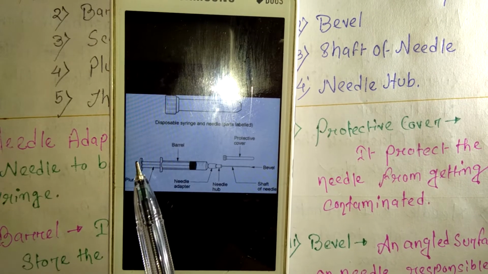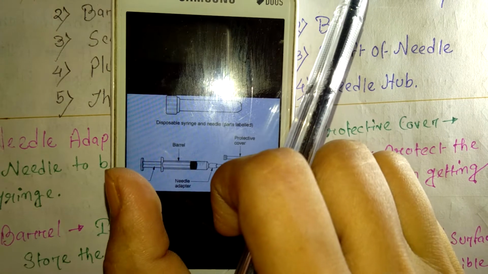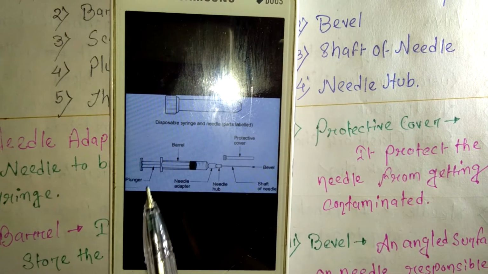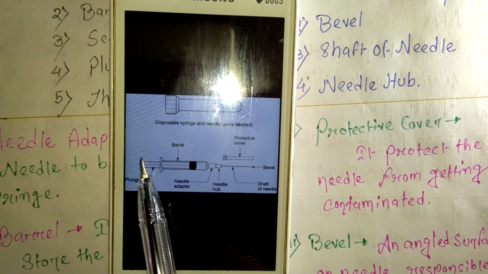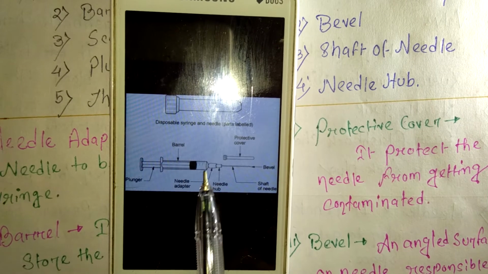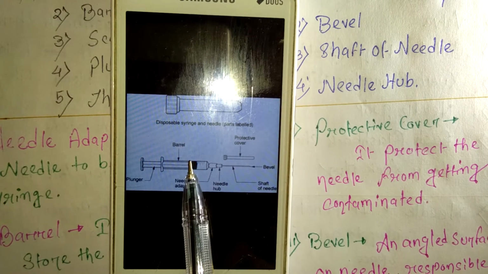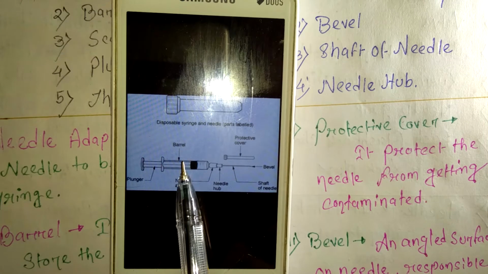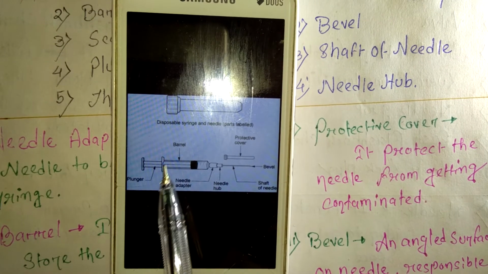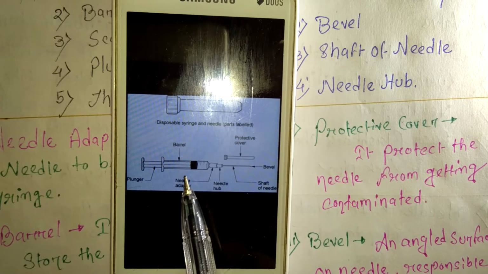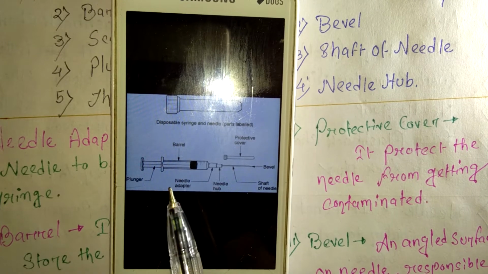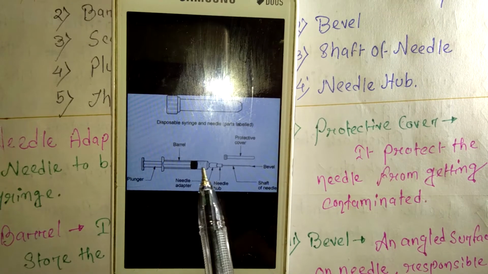And this part, where we rest our thumb to press, is called the thumb rest. Here on the barrel we have a scale, which helps us know the amount of drug we have to inject to a patient.